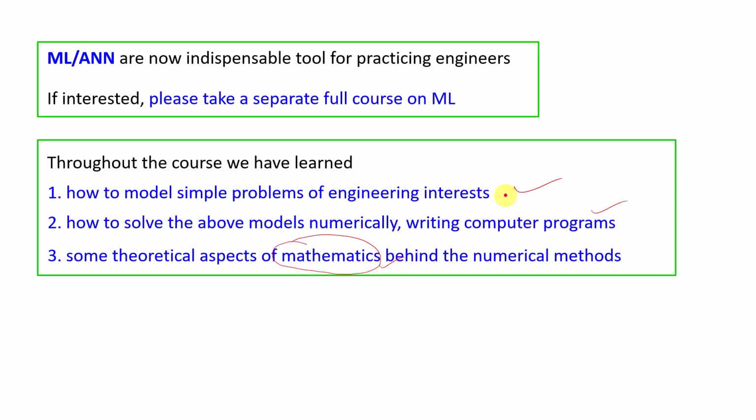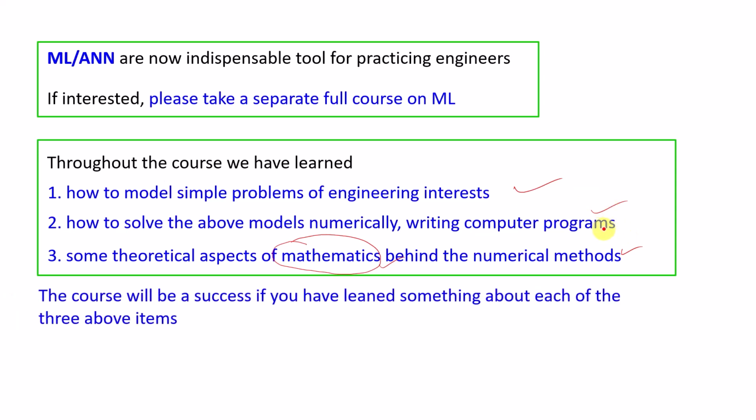So this course has fundamentally 3 aspects. First one is making models, second one is solving models, and third one is going into the theory of those models. If you have learned a little bit of all 3 of these, then this course is a successful course.